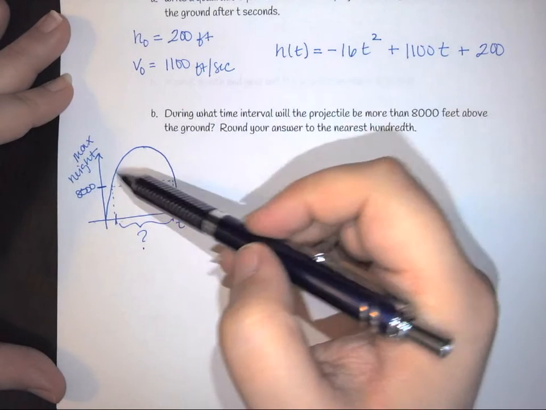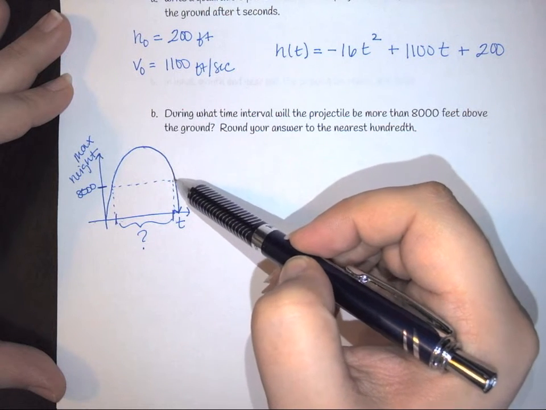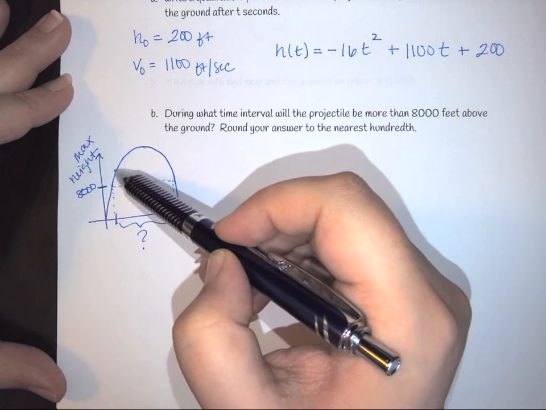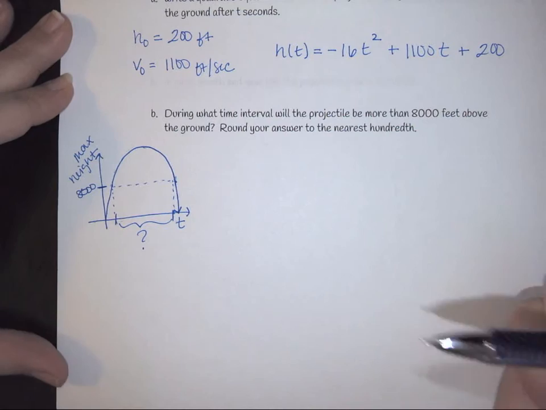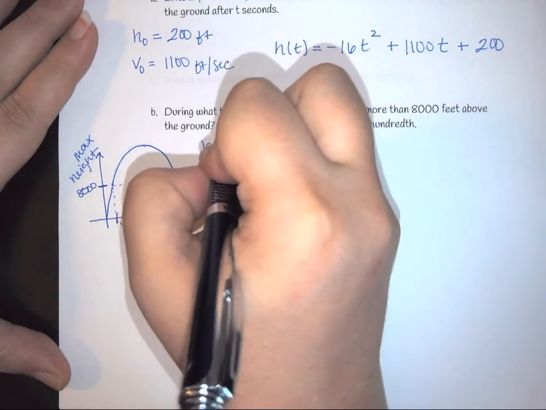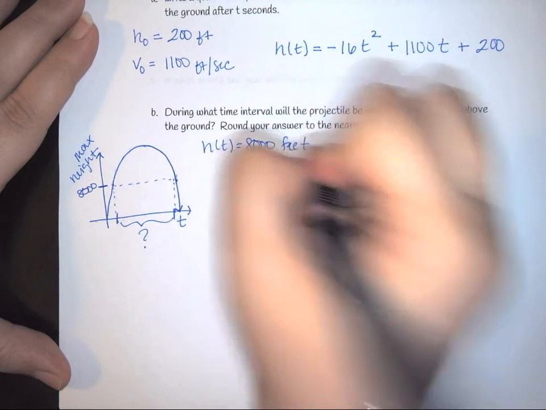Obviously everything above 8,000 would be considered as part of that interval. So we want to know how long it is going to take. When is it going to hit 8,000, and then when is it going to come back to 8,000 and go down. So that means my h of t is 8,000 feet.